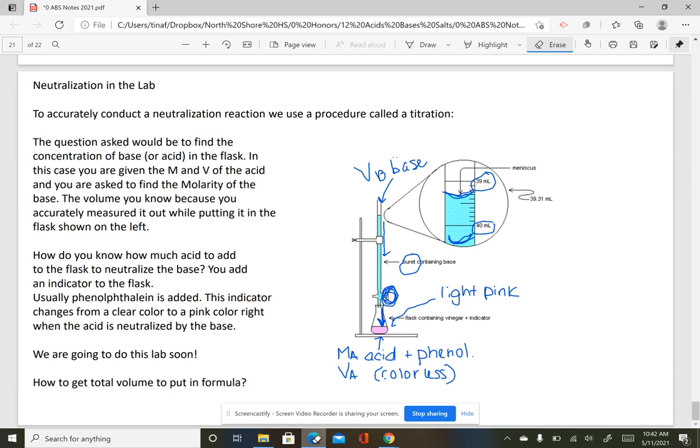Because it's numbered upside down, you want to read it upside down. So this would be 39.1. This would be 39.2, 39.3, 39.4, 39.5, all the way up to 39.6, 39.7, 39.8, 39.9, 40 milliliters.